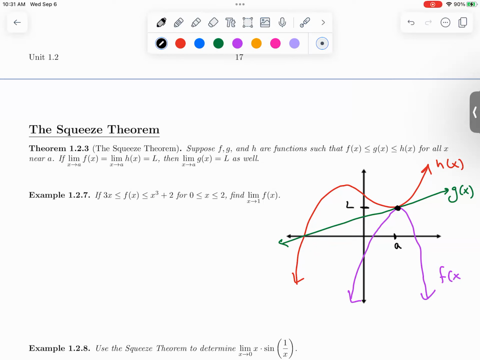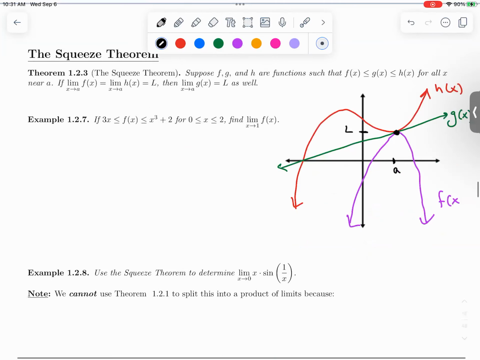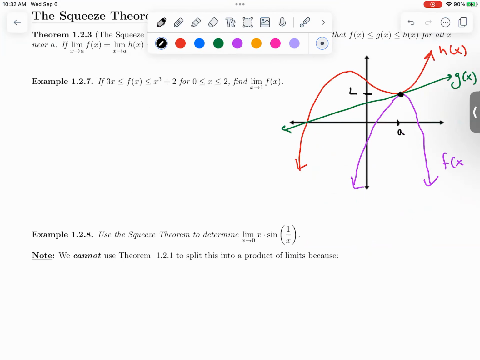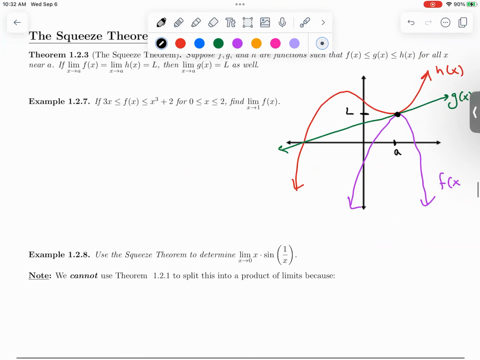If they all go to that same limit, if the upper bound and lower bound both go to that same limit, then the g is forced. That's the idea of the squeeze theorem. How useful is it? Not really. Not very. The only thing it gets useful for is the important limit, which we'll do in a second.